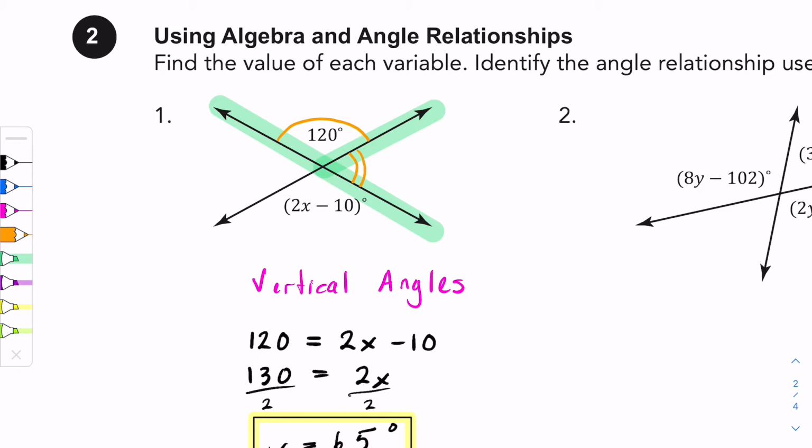It would be the remainder to get you back to 180, which would be 60 degrees. And you could just keep working your way around. Now we know that this is also a linear pair. We know that 60 plus whatever this is going to equal 180. So we could solve for x that way. That's a lot more work than what I just did for vertical angles, but it is another way to solve.